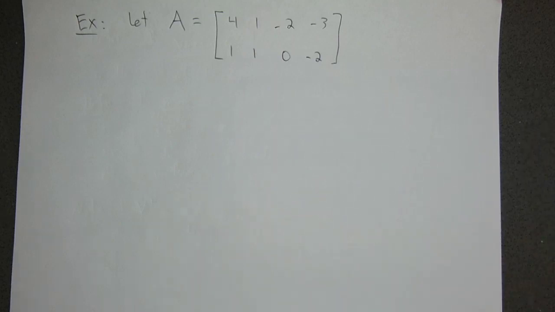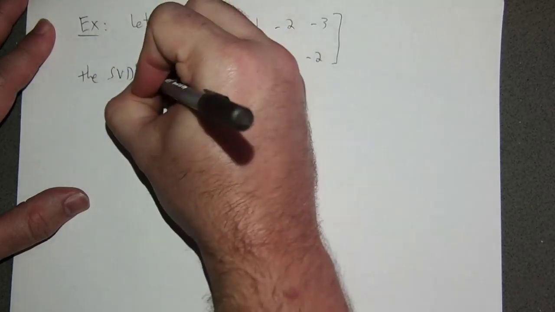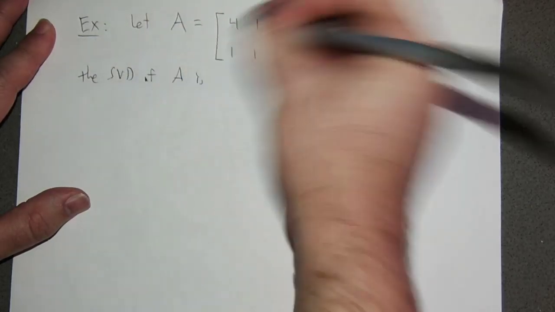Before I proceed, I'm just going to go ahead and write out the SVD. So the SVD of A is the following.